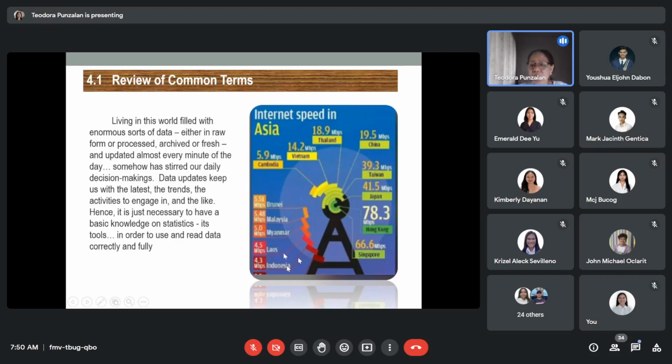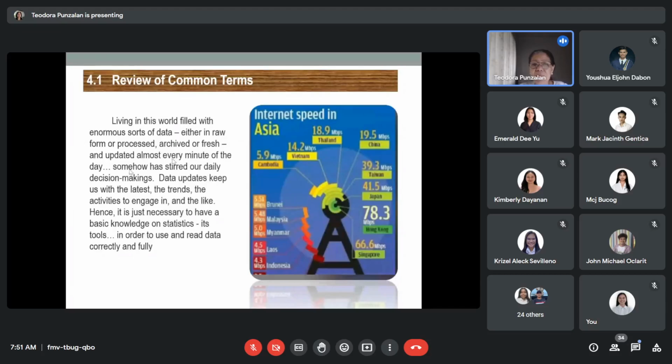Okay? So, we have here on the right side of the picture the 1, 2, 3, 4, 5. The top 5 countries with the highest or fastest internet speed. So, again, may I tell you that you have raw and array parang discussed on this page.